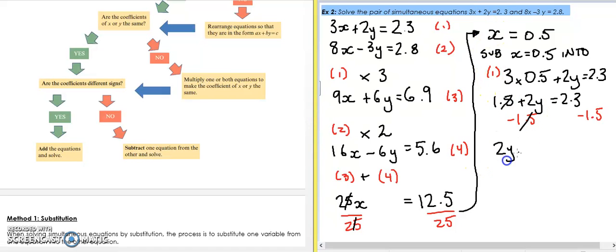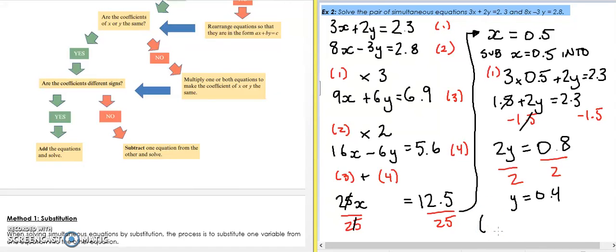I'm left with 2y is equal to 2.3 take away 1.5, we will be left with 0.8. Then I have a times 2 associated with the y, so I'm going to divide by 2, divide by 2, and what we'll be left with is y is equal to 0.4.